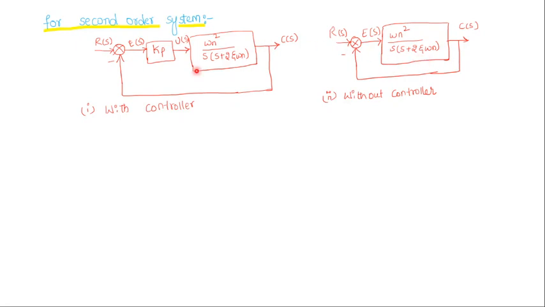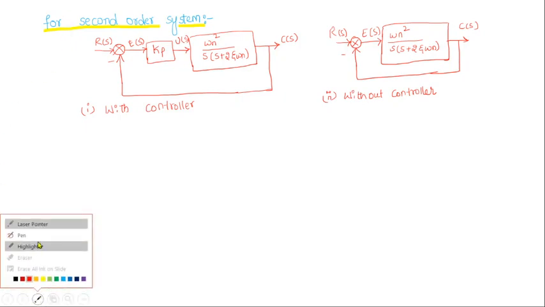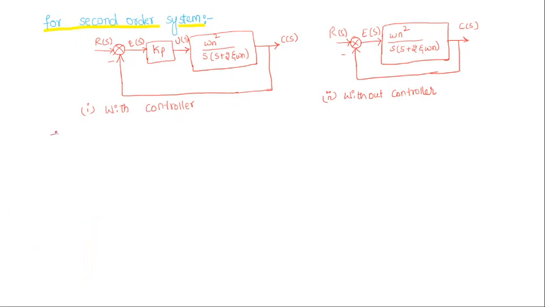If you take the transfer function with controller, in the forward path, the controller gain Kp will be added. That means the overall forward path gain becomes Kp into omega n square by S into S plus 2 zeta omega n.